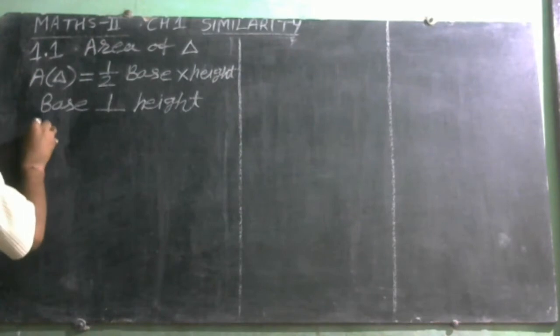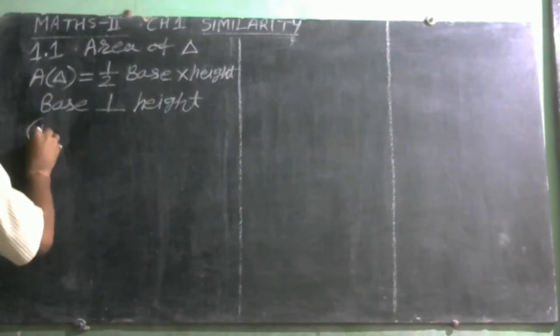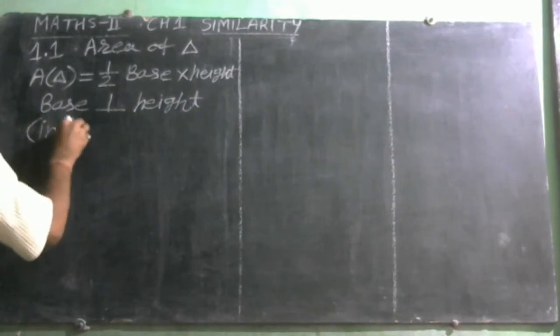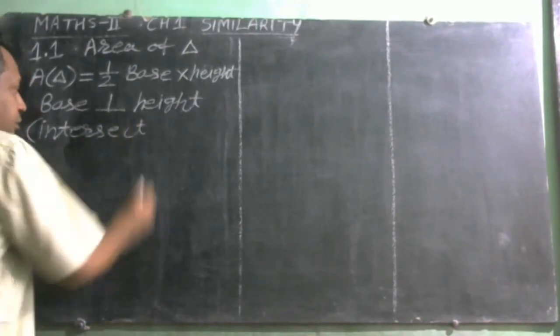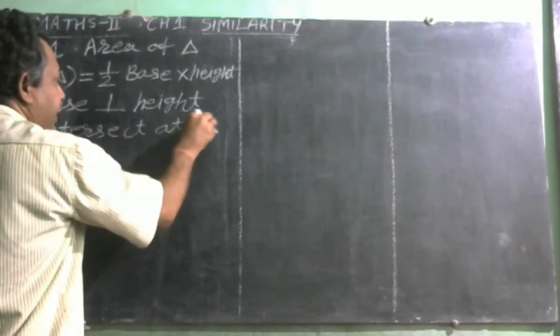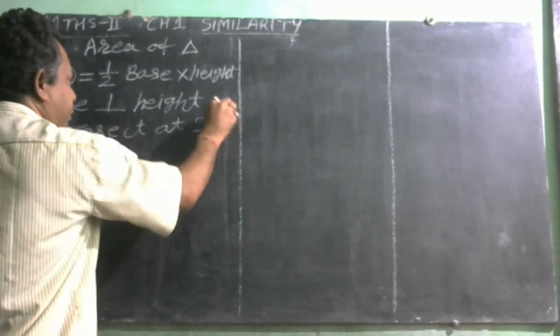That means they intersect each other at 90-degree angle.